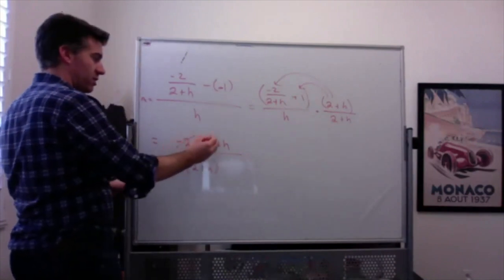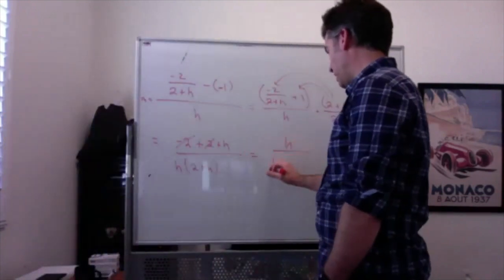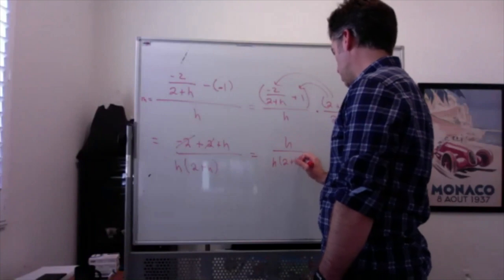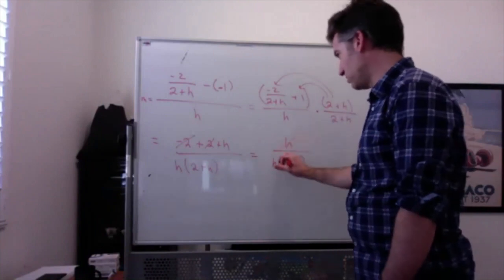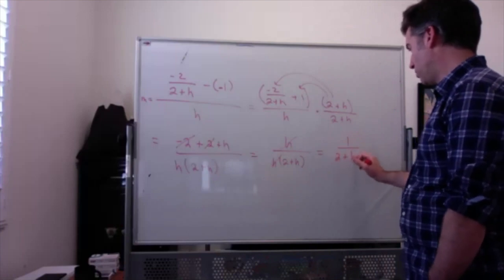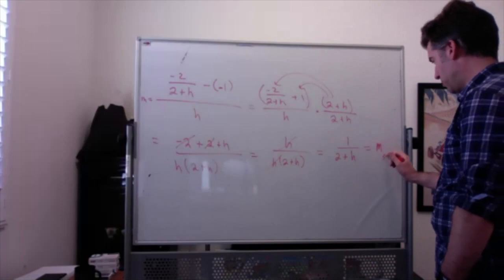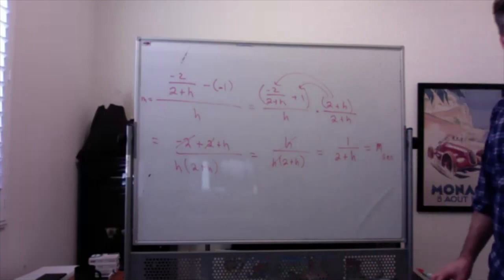The -2 and the 2 cancel. I get h over h times 2 plus h. The h's cancel. And I'm left with 1 over 2 plus h. And that is the slope of my secant line.